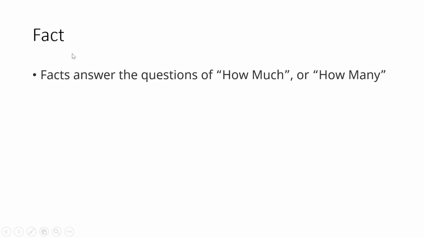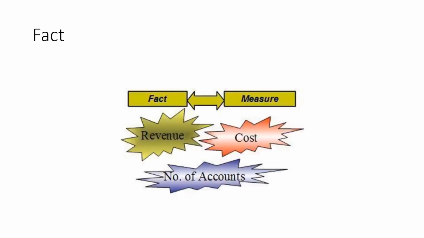So what are facts? Whatever data we are receiving, if the data is quantifiable in nature, or we can ask how much or how many on top of it, whatever answers I receive are nothing but fact data. In the next slide I have the examples. Facts are also called measures.